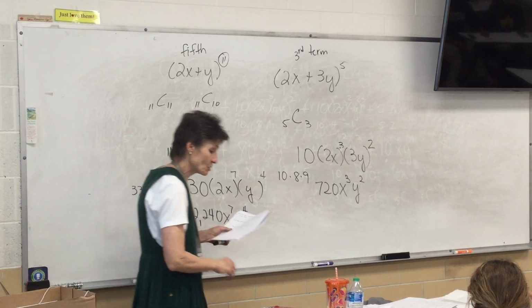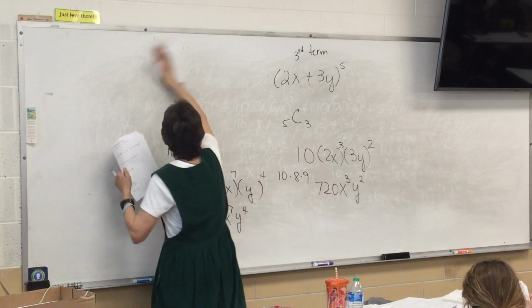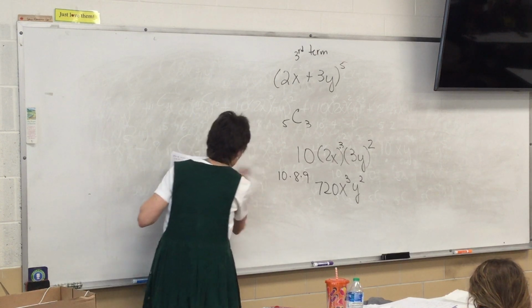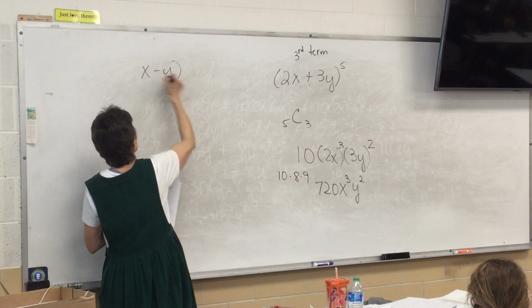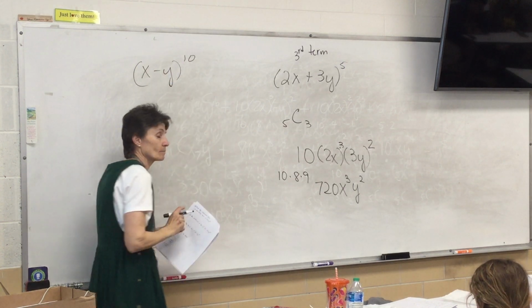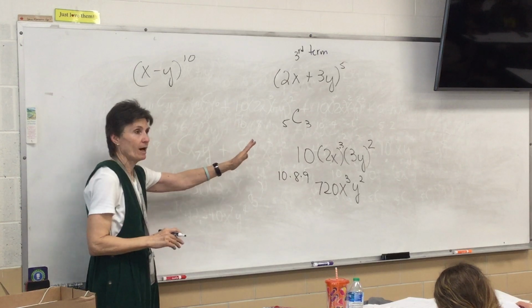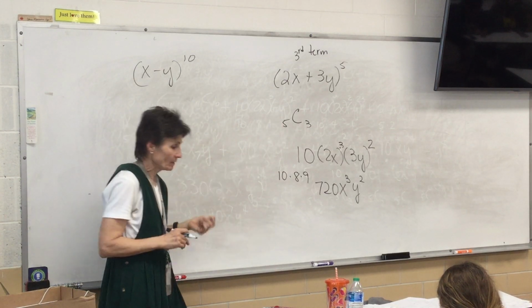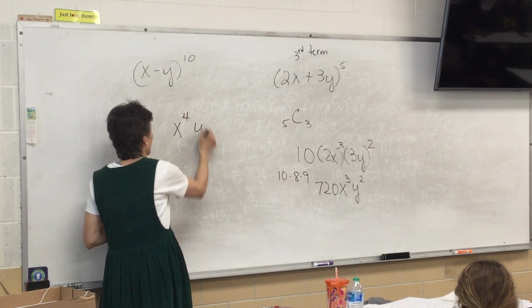All right, the last one says, if I were going to expand (x minus y) to the 10th, would you agree that somewhere down the line, there's gonna be a lot of terms, but somewhere down the line, there's a term with an x to the 4th and a y to the 6th?